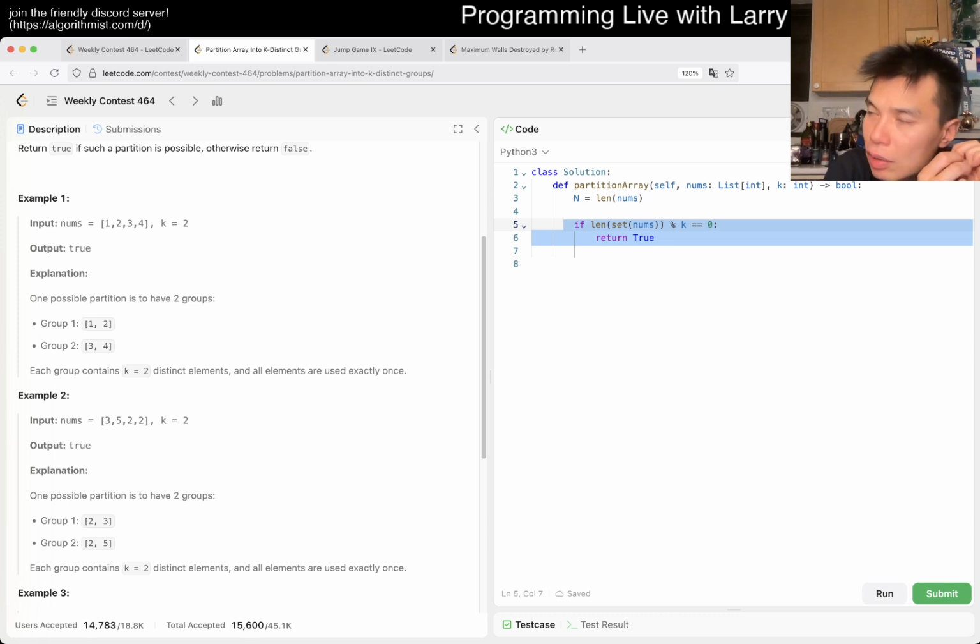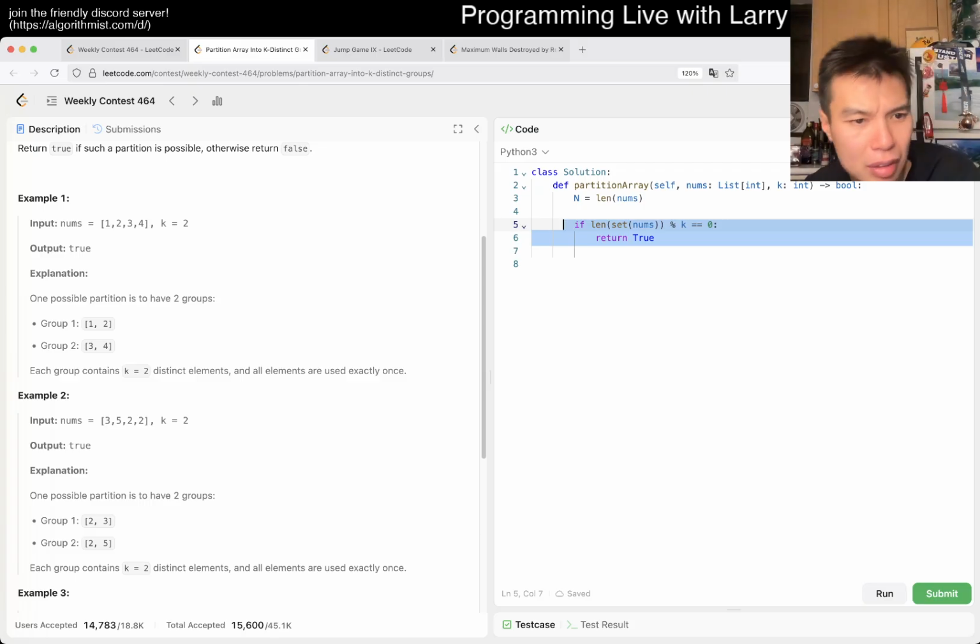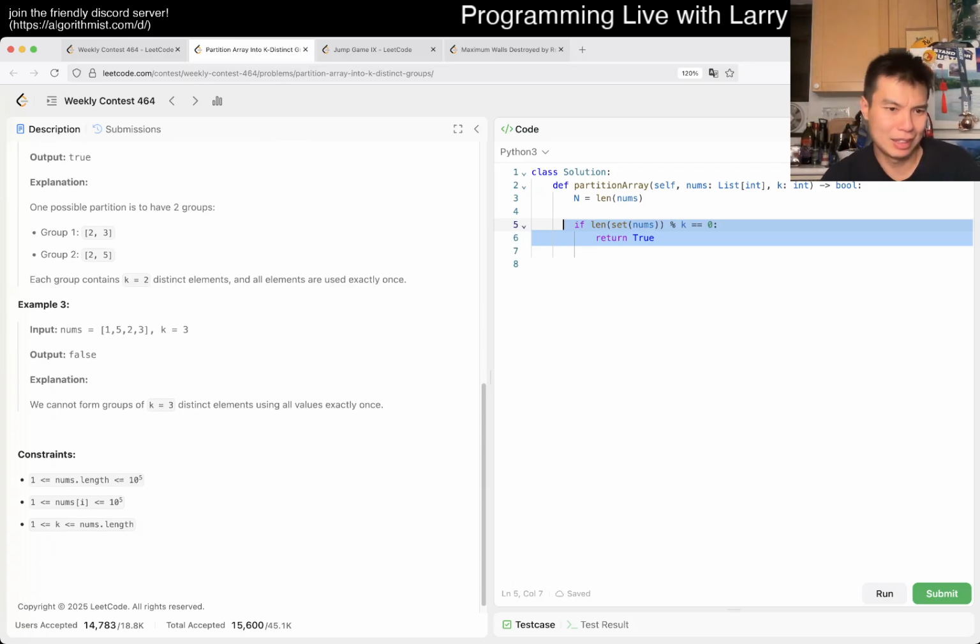Two is either this or I don't know. I don't know this one. This feels like maybe there's a very simple solution, but I don't know that I have an idea about it. Because you have to figure out.